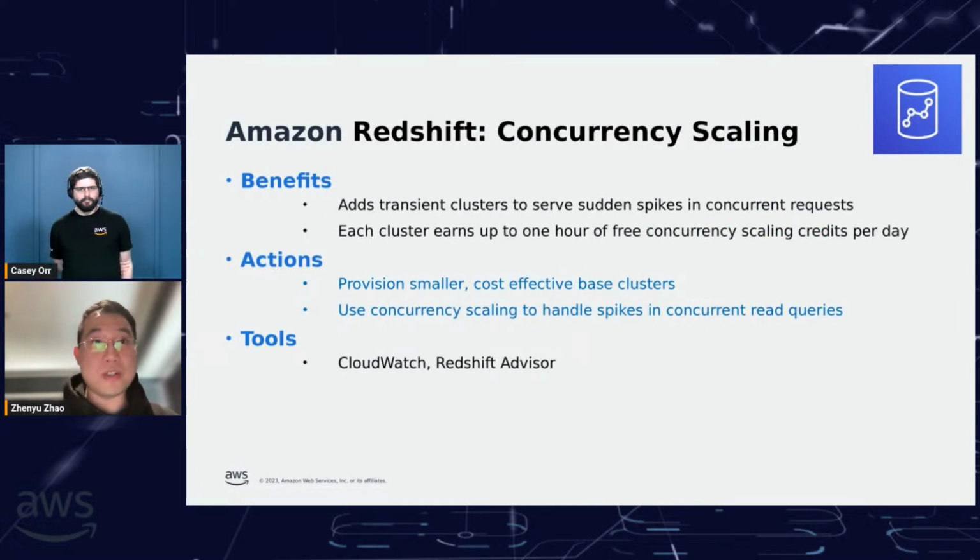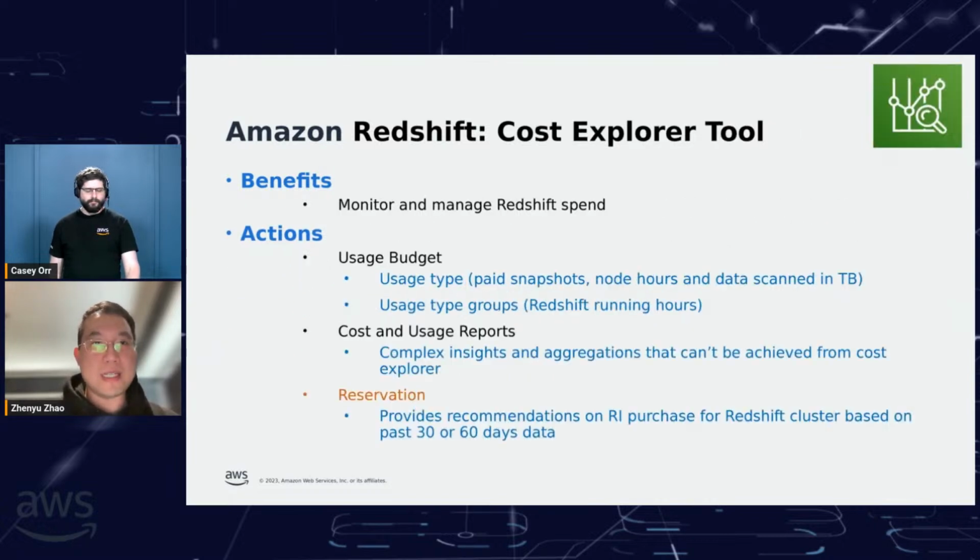You can maybe reduce this by 30%. And for concurrency scaling, to provision a very small cluster, that needs a little bit of architecture technique to make sure your data structure and your front-end visualization layer can cope with that concurrency scaling.